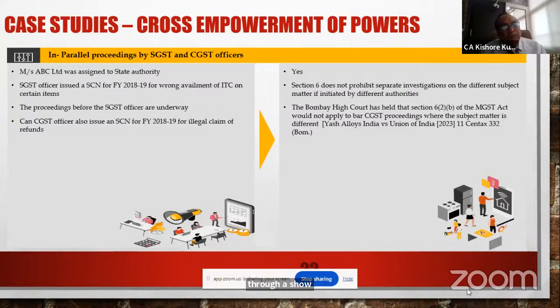This matter went to the Bombay High Court in Yash Alloy Limited, and they said clearly that Section 6(2)(b) of the MGST Act would not apply to bar CGST proceedings where the subject matter is different. Here, friends, the subject matter is different. The SGST officer has issued a show cause notice for wrong availment of input tax credit, whereas the CGST officer has issued a show cause notice for illegal refund claims. So, the subject matter is different. If the subject matter is different, he can very well do that.